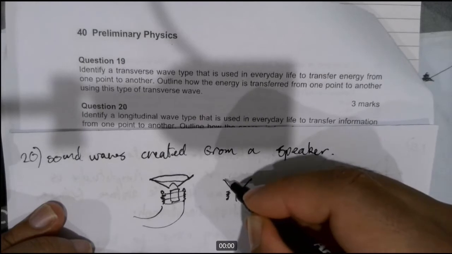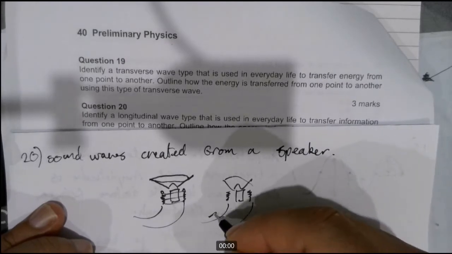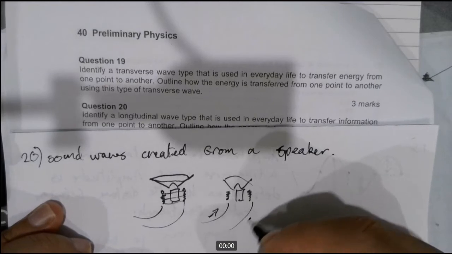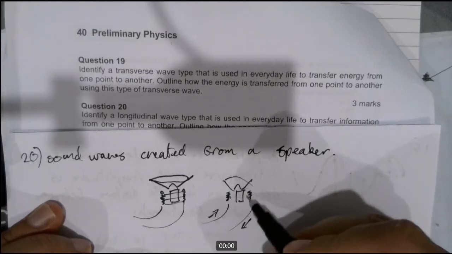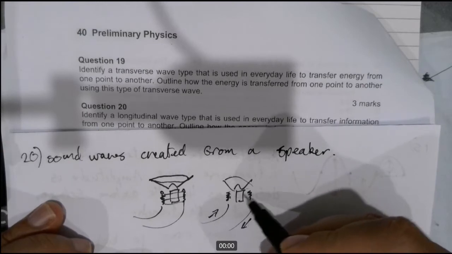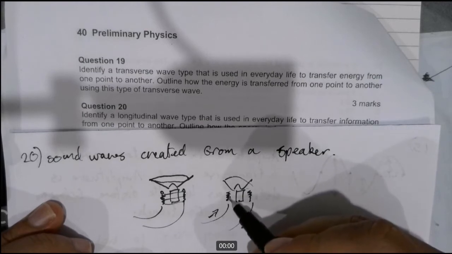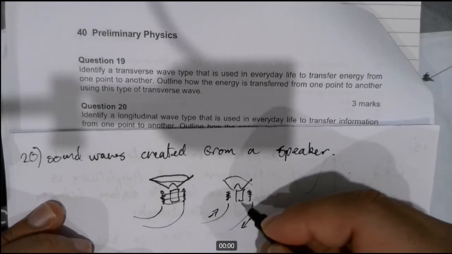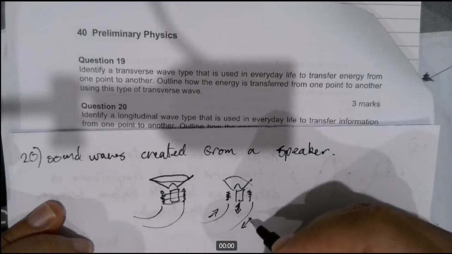Okay, so what happens is, as electricity is sent that way and into these wires which circle the entire magnet, and then go back through the other wire, a magnetic field is created in that wire, which makes this magnet move up and down depending on the direction of the electric field.